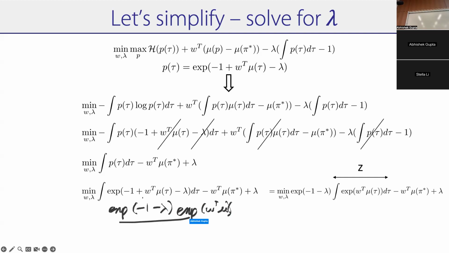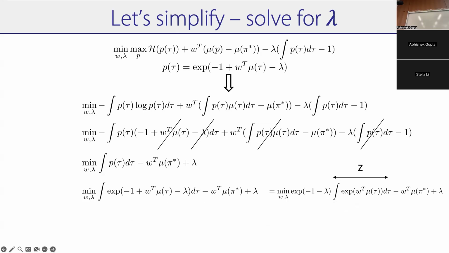So the right-hand side is just the left-hand side with exp of minus 1 minus lambda taken out of the integral, because it doesn't depend on anything in the integral. And we're going to call this thing Z. We're just going to call the integral of exp of W transpose mu as Z.